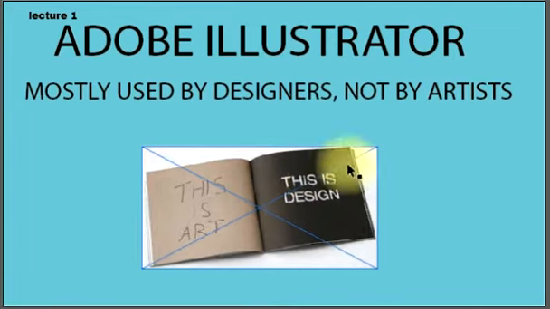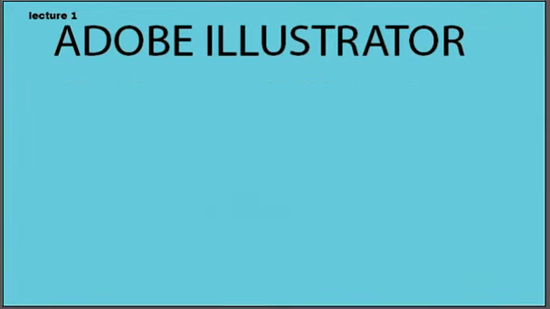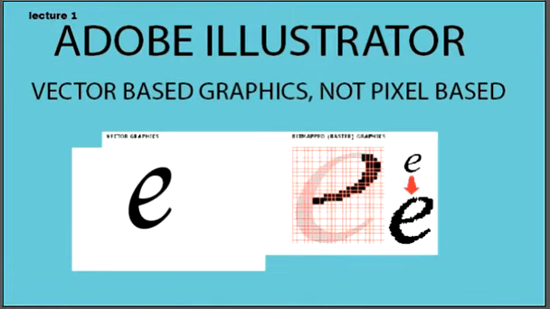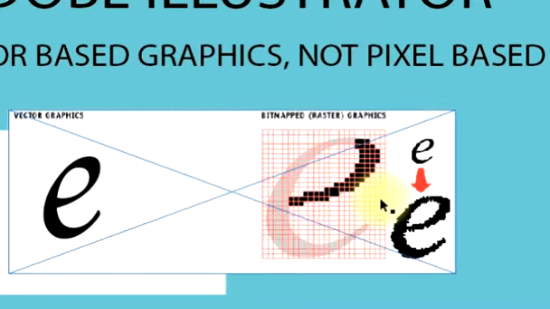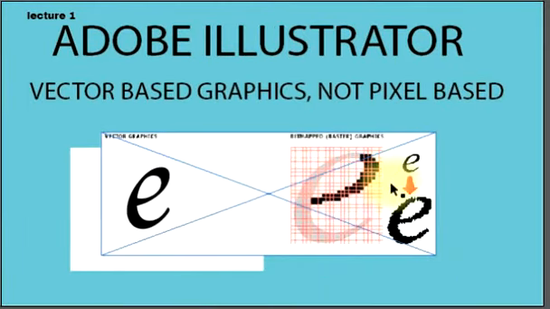After this, I'm going to tell you what Adobe Illustrator creates. It creates vector-based graphics. It doesn't deal with pixel-based graphics. On the other hand, when we say that we design graphics in Photoshop, the designing is pixel based.